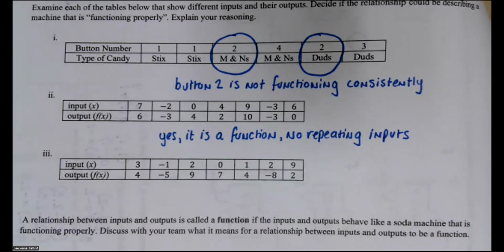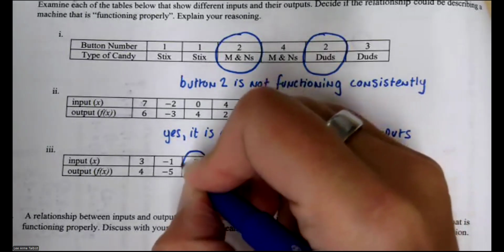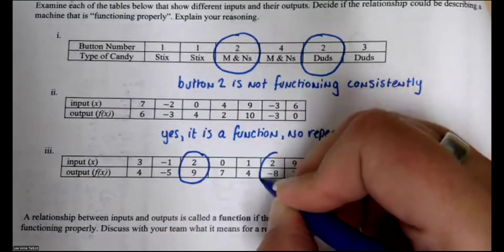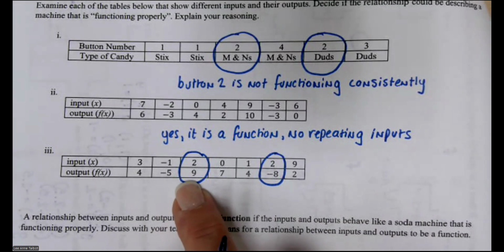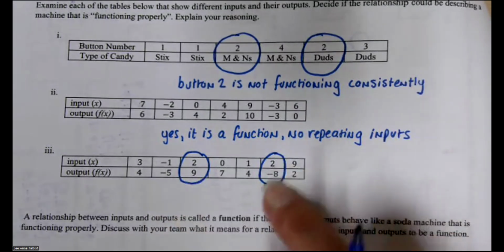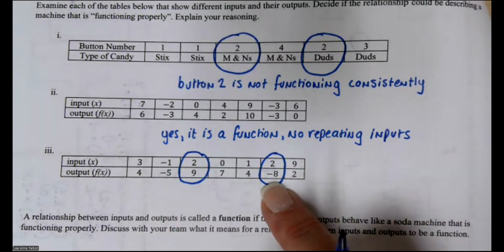Okay, now this is where we check for your understanding. Take a look at table 3. Can you tell where the problem is in table 3? Yes. Okay, so right here and right here. This time the two outputted a 9 and the two output a -8.